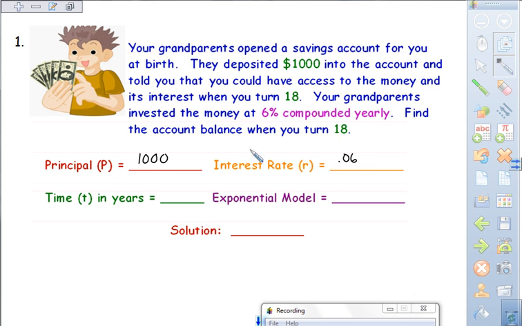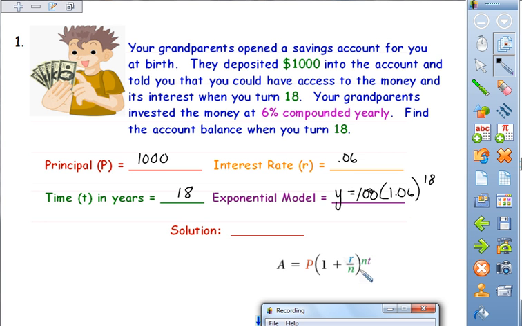The time is from birth to 18, and our exponential model, y equals $1,000, and we have to do 1 plus 0.06, so that's 1.06, and we're doing it for 18 years. We don't have to worry about the N in the formula because we are doing yearly.